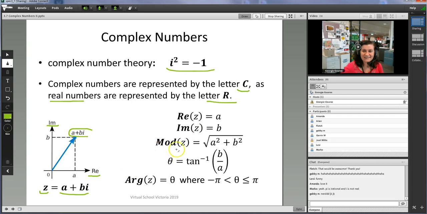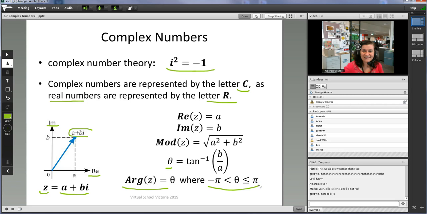The modulus of that number is the distance from the origin, found by good old Pythagoras. And the argument is the angle made by the number with the real axis. So you can work that out by just using a bit of SOHCAHTOA, using arctan to work out that angle, and then you've got to adjust that angle so that it is within the defined domain for complex numbers in polar form.